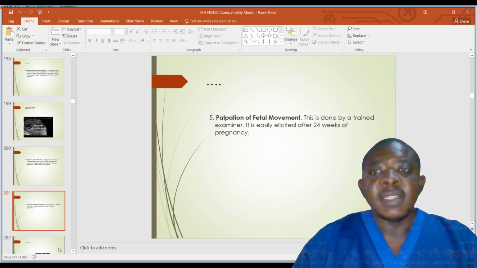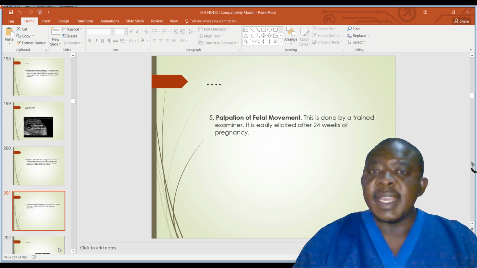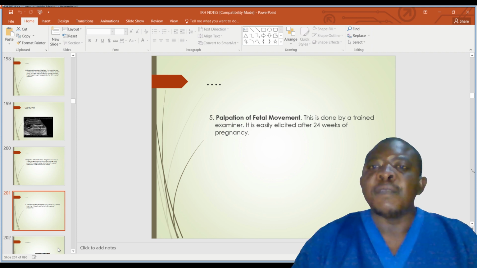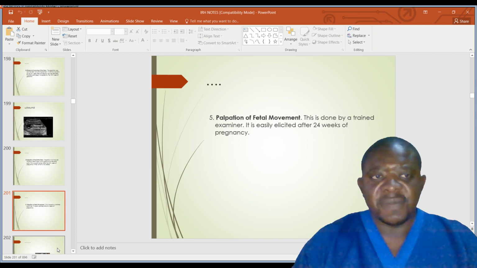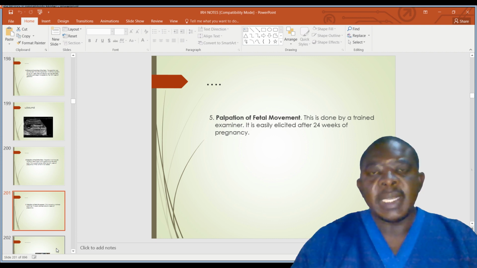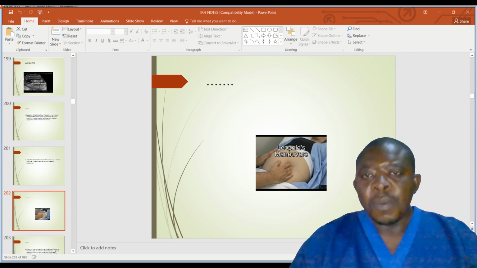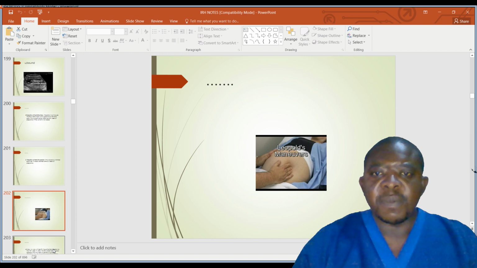This is done by a trained examiner. It is easily elicited after 24 weeks of pregnancy. So this forms positive signs of pregnancy. So Leopold's maneuver in feeling fetal movement.